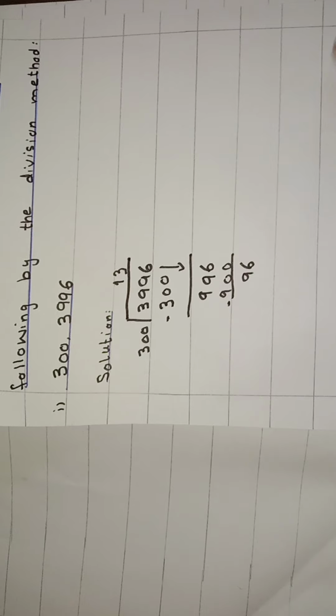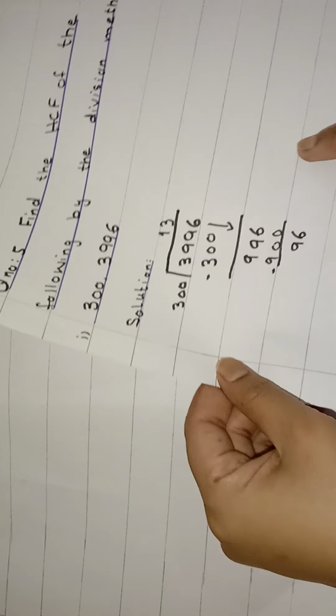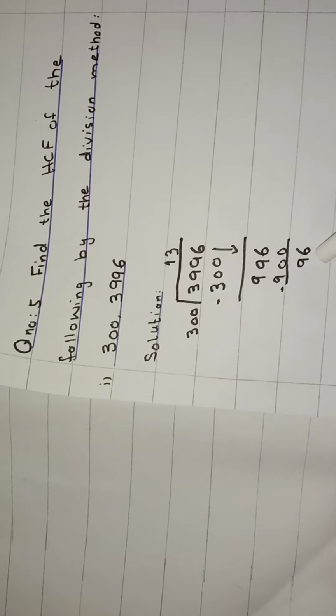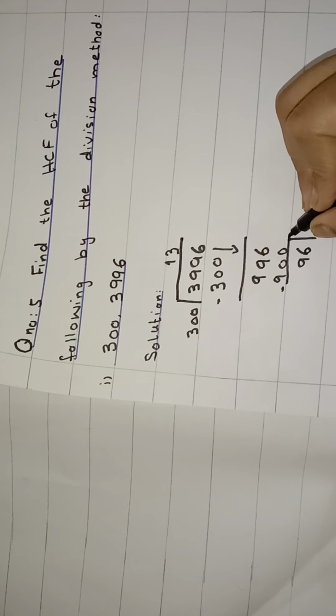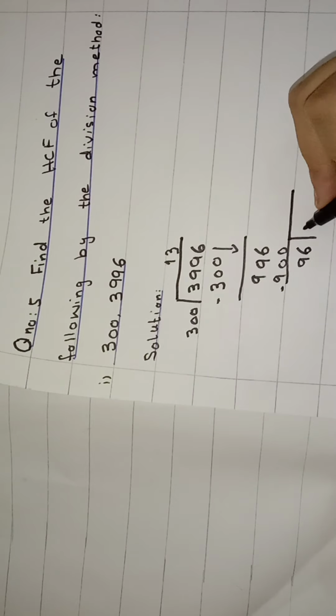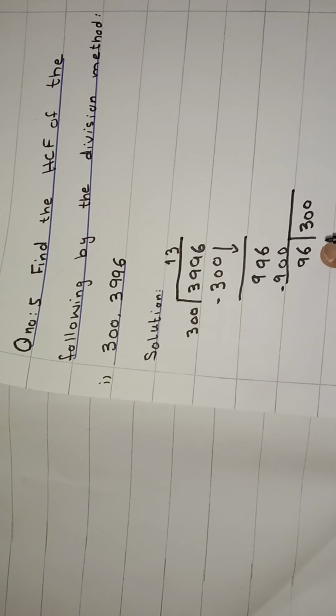Here's where the difference begins. The remainder is smaller than the divisor, so just like a game, the remainder becomes the divisor and the divisor becomes the dividend. Whenever the remainder becomes smaller, it becomes the divisor and the divisor becomes the dividend.